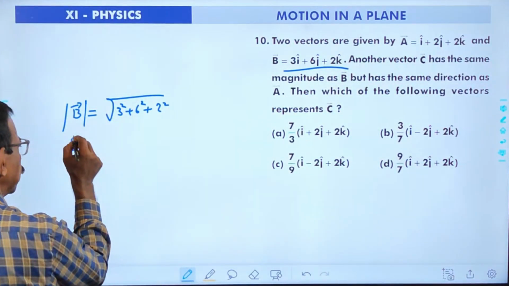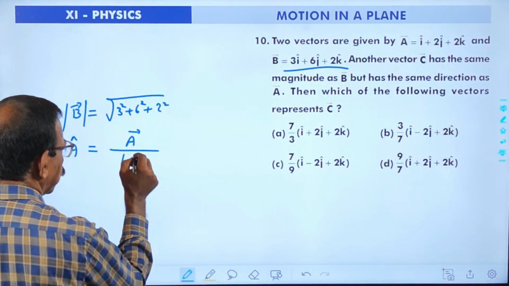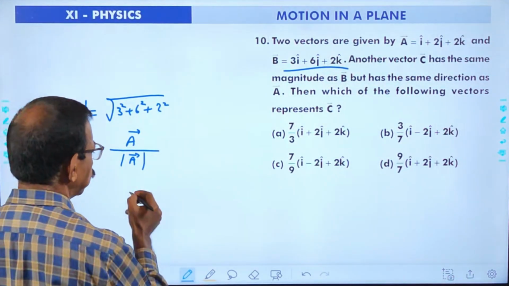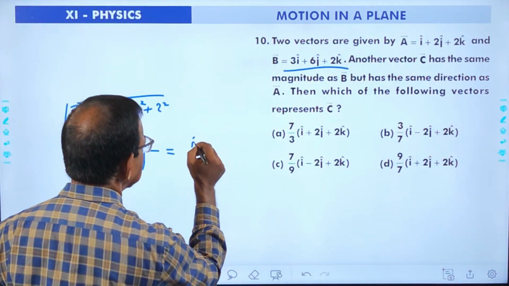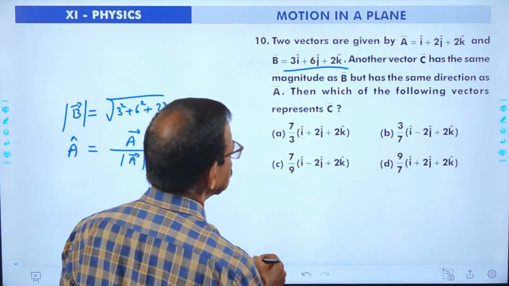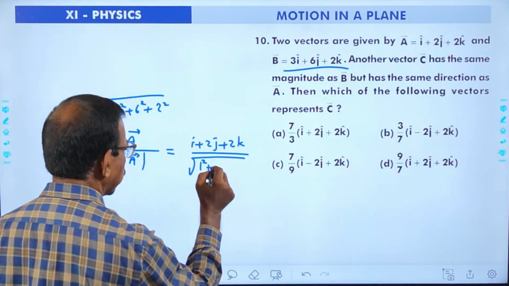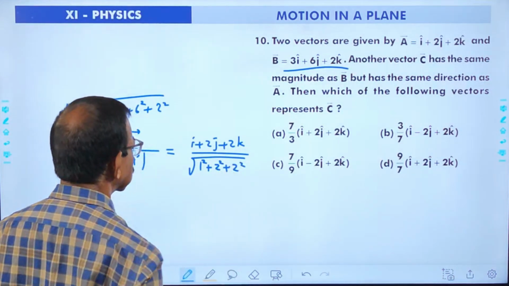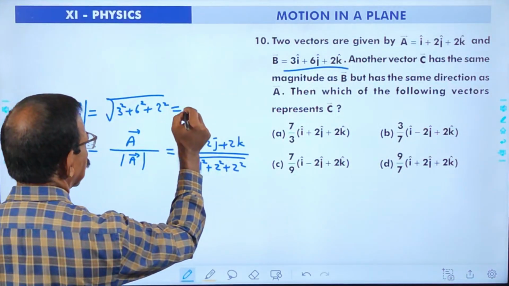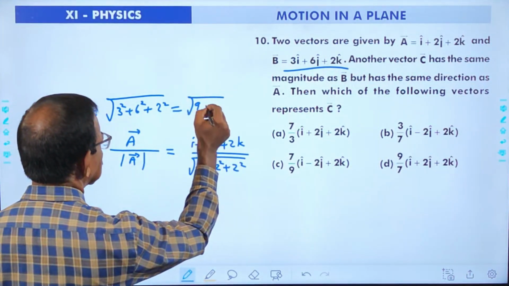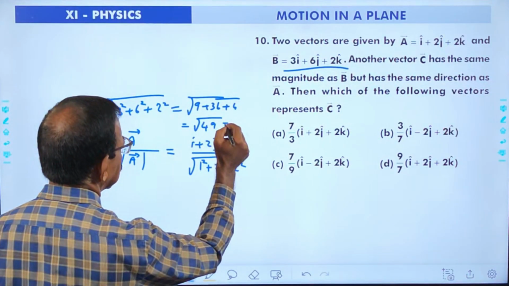Then the direction of A, that is the unit vector of A, vector divided by its modulus, gives its direction. Vector A is i plus 2j plus 2k, divided by its modulus, root of 1 square plus 2 square plus 2 square. Then magnitude of B is root of 9 plus 36 plus 4, root of 49, which is 7.